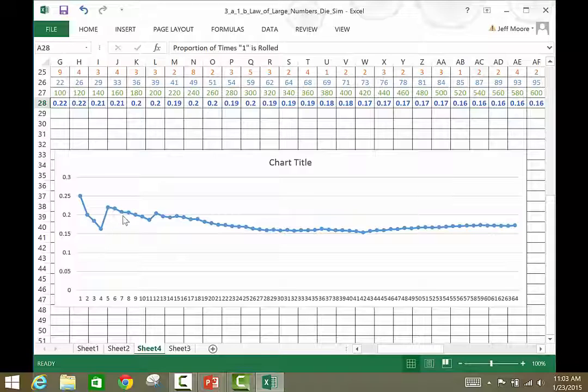It's kind of jumping around a little bit, and then it starts to settle in and settle in until it really starts to settle into that actual probability of throwing a 1. So from this, we can actually see the law of large numbers doing what it says it ought to do. As the number of trials of the experiment increases, the relative frequency tends toward the actual probability of the event.